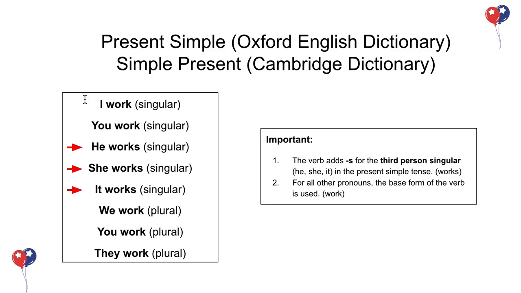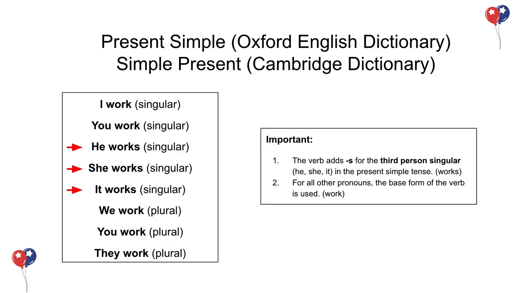As you can see, I have here: I work, you work, he works, she works, it works, we work, you work, and they work. And one thing that we need to talk about is that I, you, he, she, and it at the beginning here, they are singular.